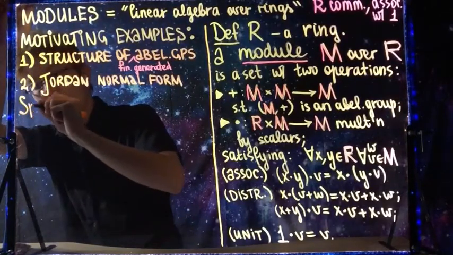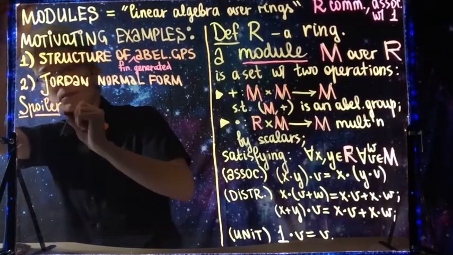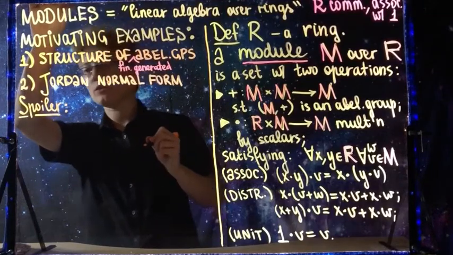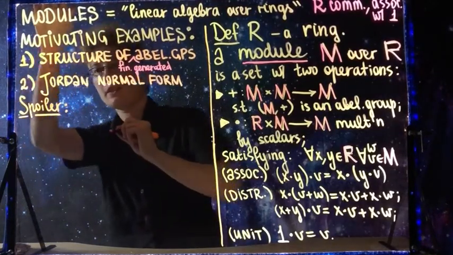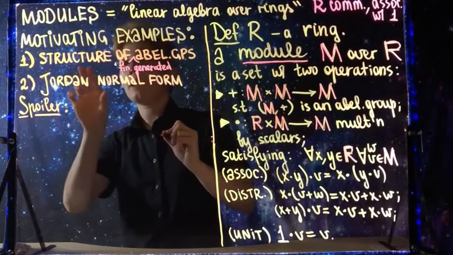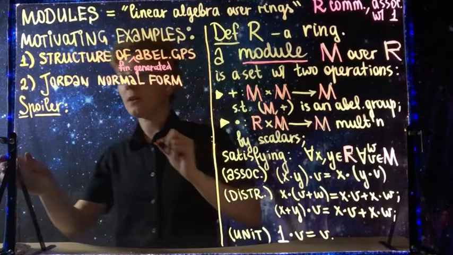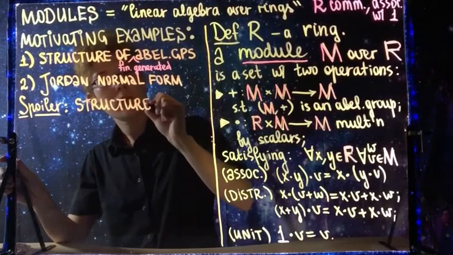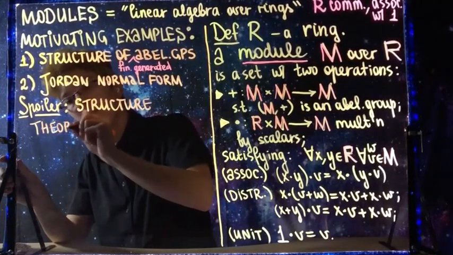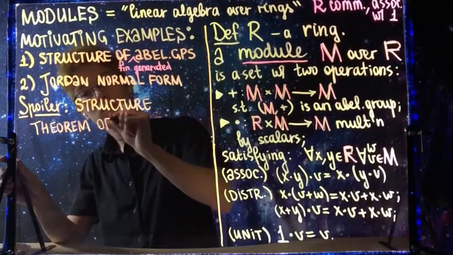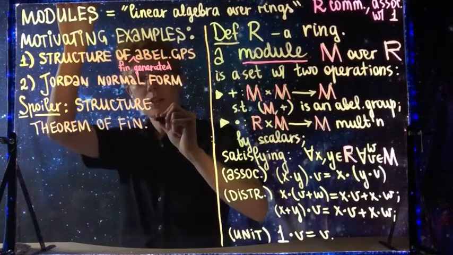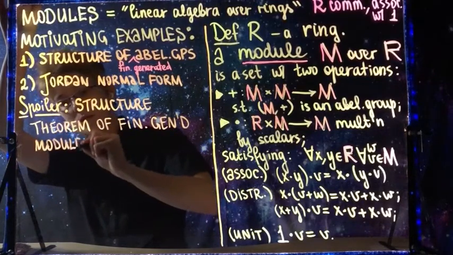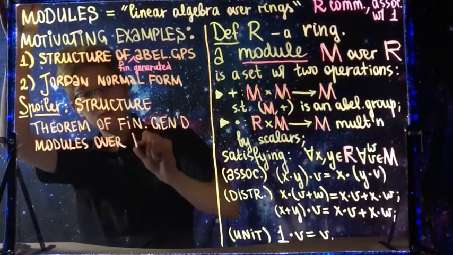And without further explanations, because they would take another lecture or two, I would like to say that in fact these two phenomena can be unified, and this is called the structure theorem of finitely generated modules over principal ideal domains.